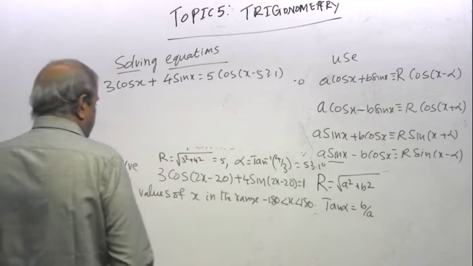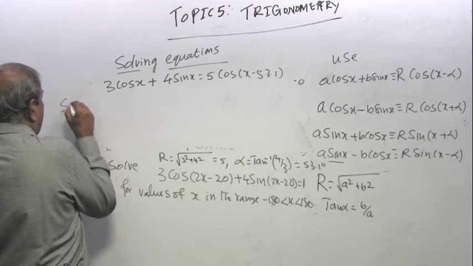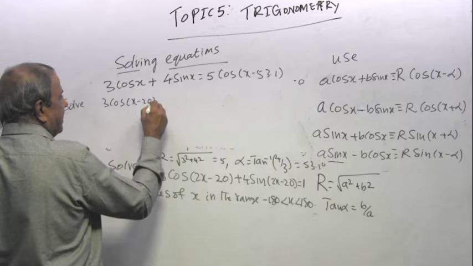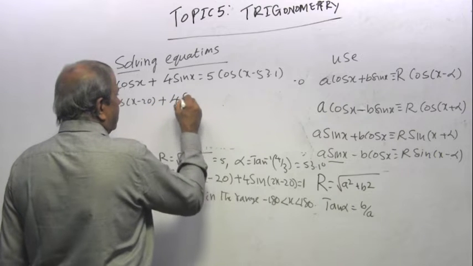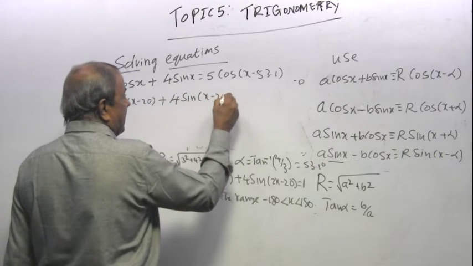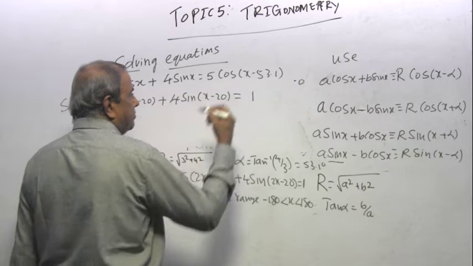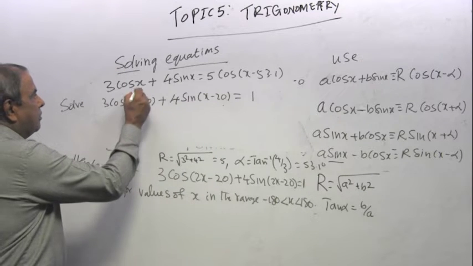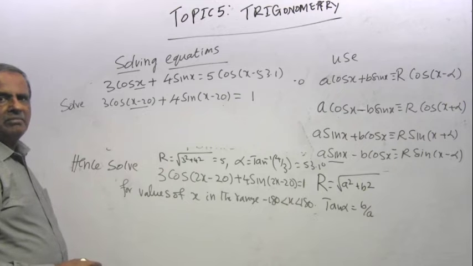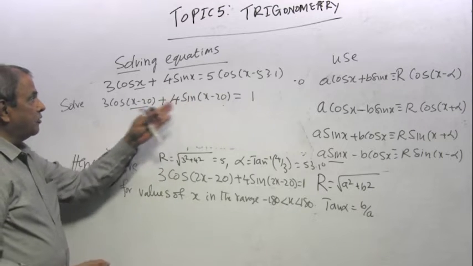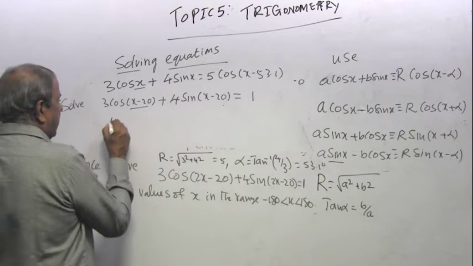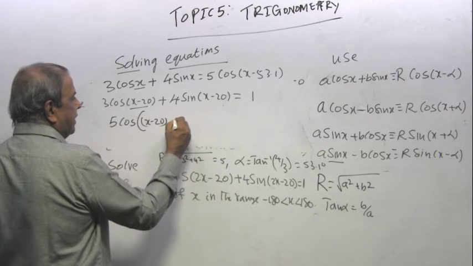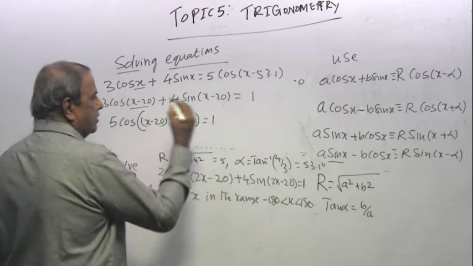But now you're asked to solve 3 cos 2x minus 20 plus 4 sin 2x minus 20 is equal to 1. Now, the only difference you can see is in place of x I have x minus 20. Otherwise, I could apply that formula. So I can straight away say 5 cos 2x minus 20 minus 53.1 equals 1.